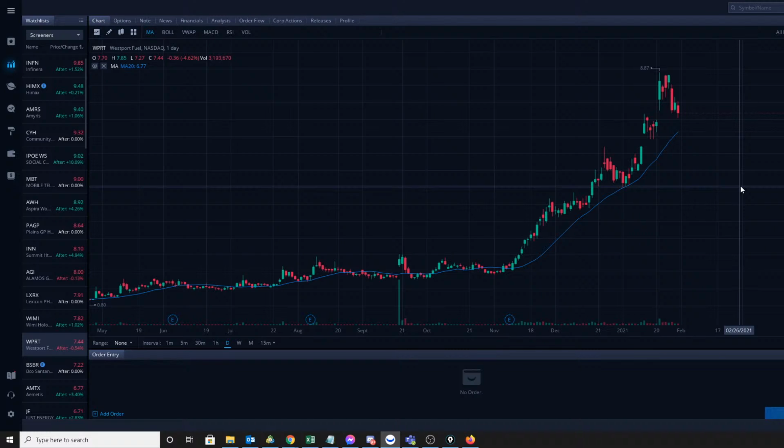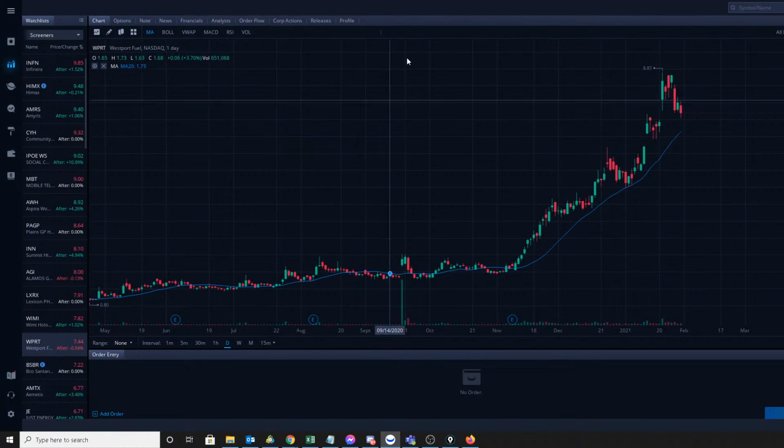It's support, resistance, and just using the moving average as a trend indicator. I'll probably be putting out some more alerts with some of my stock picks for this upcoming week.